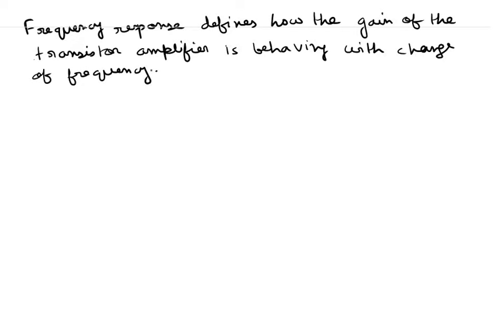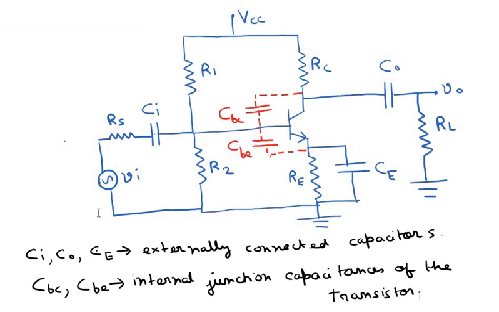We have actually calculated the gain of the transistor amplifier when we did a problem. While doing that problem, we assumed that the externally connected capacitors CI, C0 and CE behave as short circuits at the frequency at which we are considering the AC signal.